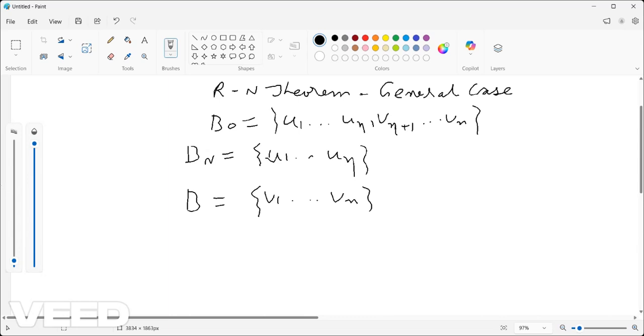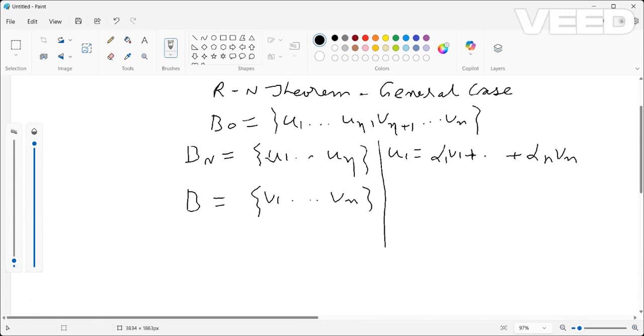So I take the vector u1 and write it as a combination of the basis vectors vi: alpha 1 v1 and so on, plus alpha n vn. Now since u1 is a basis vector, it cannot be 0, so one of these alphas has to be non-zero.